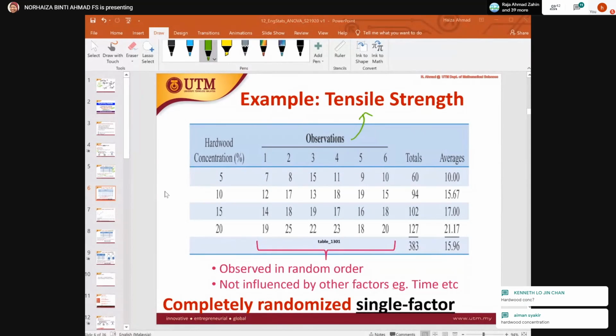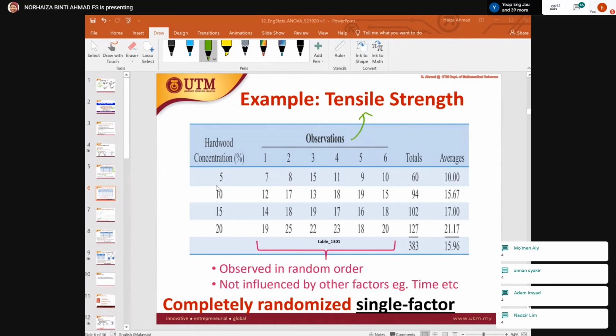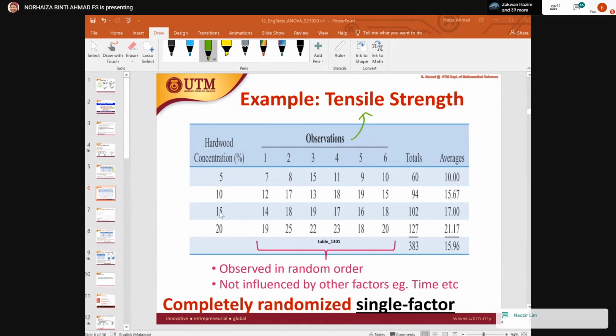How many levels are there in this hardwood concentration? 4. 1, 2, 3, 4. What are the 4? You've got 5%, 10%, 15%, and 20%. So we observe the strength of, for example, a pillar or something with different concentrations of hardwood.